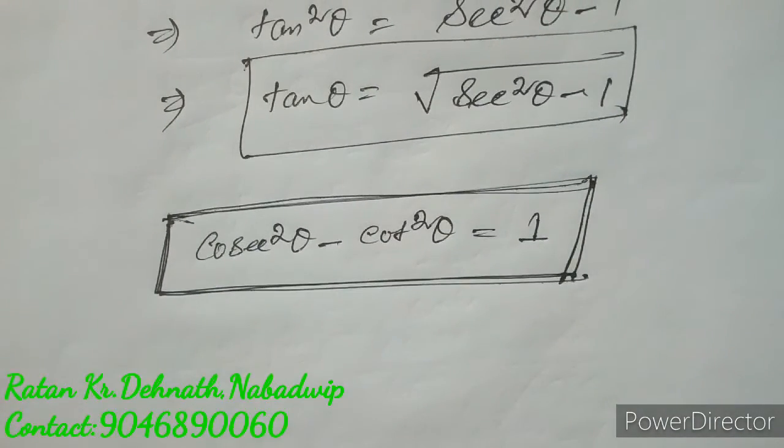In the next video, I will solve exercise 4 under 8 one by one. But before going to the next exercise, one important tip for all of you: you should memorize all the formulas very carefully.